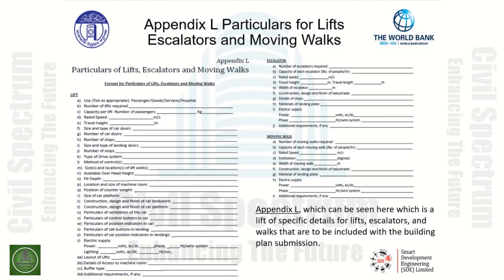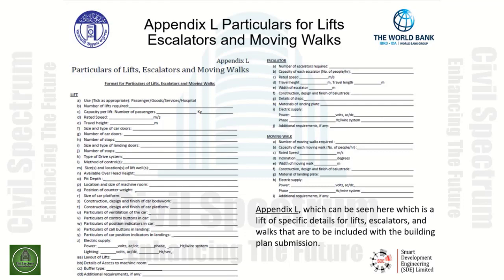The escalator category. We must indicate the number of escalators required, the capacity of each escalator, number of people per hour, the rated speed in meters per second, the travel height in meters, the travel length as well, the width of the escalator. In item F, specifically, construction, design, and finish of balustrade.